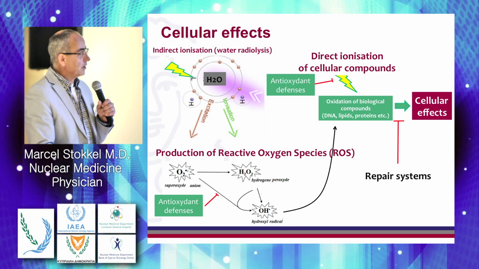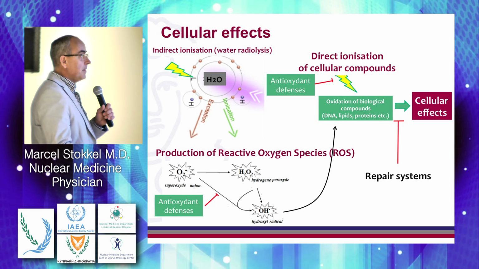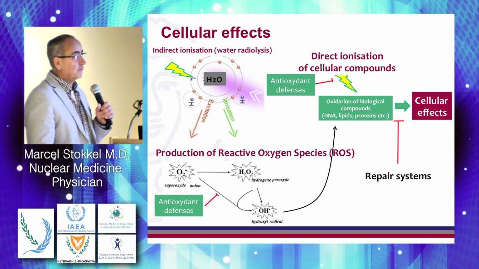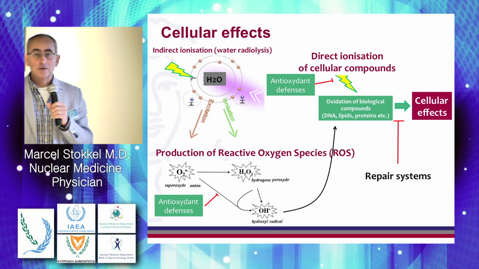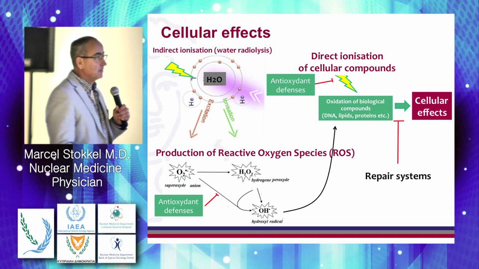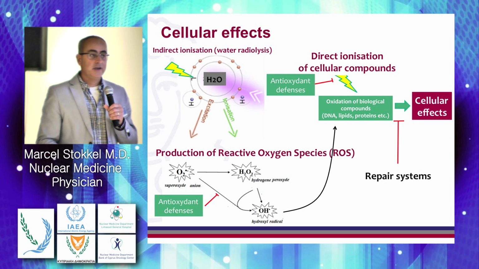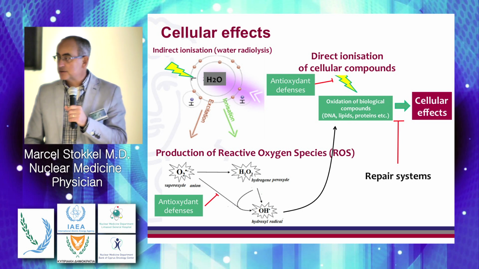You see here the pathway, how it works, and it's called the production of reactive oxygen species, the ROS, that may end up in the formation of different, toxic compounds, and that may cause cellular effects. And it depends here again on the repair systems shown in the previous slide what happens.